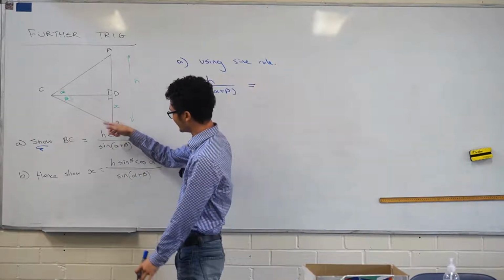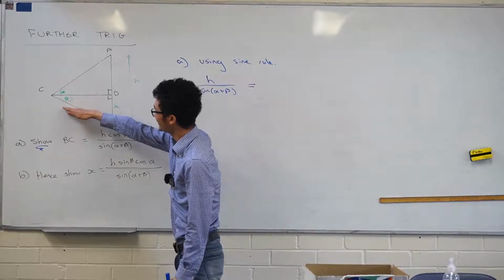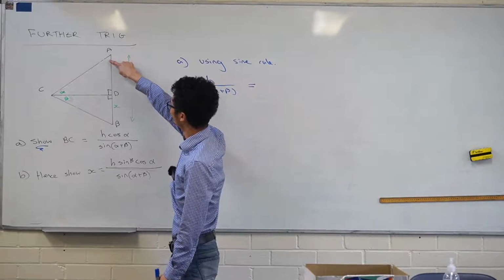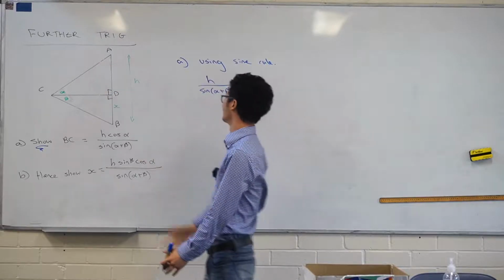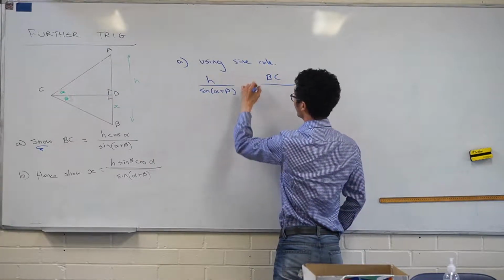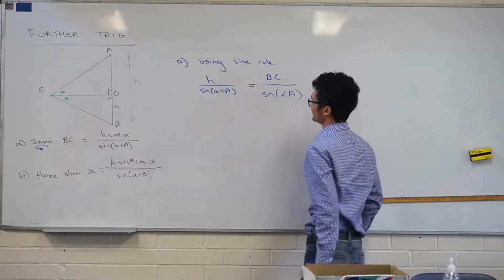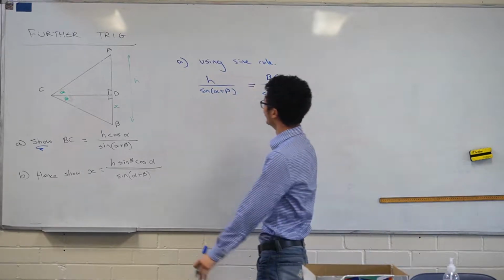Incorporate the other components of what you have here. You've got BC, that's the side. What's its opposite angle? Well, it's over here. Don't really have anything there at the moment, but I can just leave it as angle A. Let's use it for now. I can say that BC all divided by sine of angle A. Probably should say CAB, but angle A, you know what I'm talking about there.